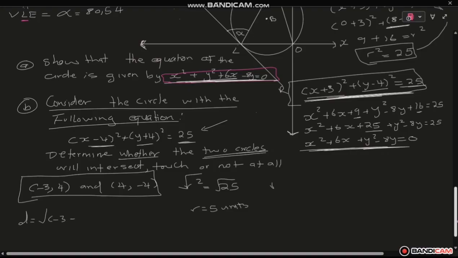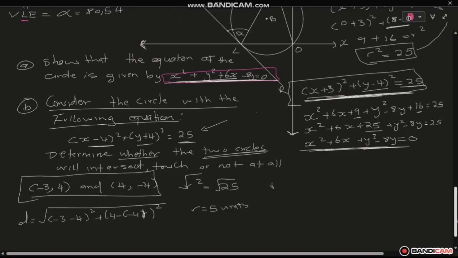Okay, so we can find the distance using these 2 points. So x1 is negative 3 minus 4 squared plus 4 minus 4, close bracket and close bracket squared. I do not have a calculator with me here, so we'll do it manually.